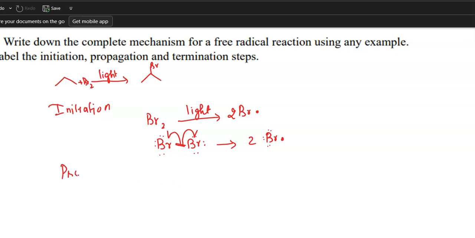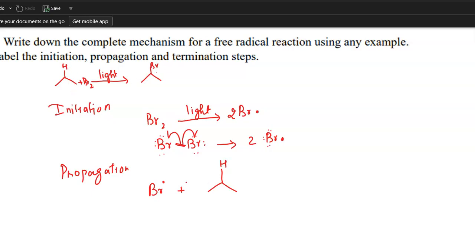In propagation, which is your next step, you should always end up with a free radical on your product side. So the Br radical that was formed in the first step is now going to react with your alkane, and here I'm going to show the hydrogen, because the hydrogen is the atom that is getting replaced by Br, right?